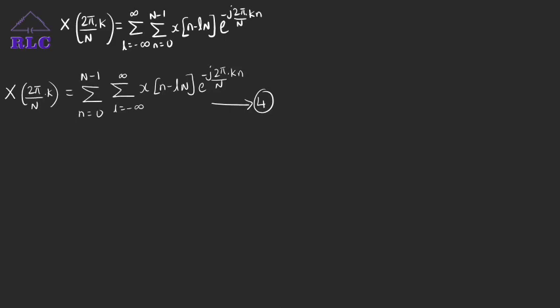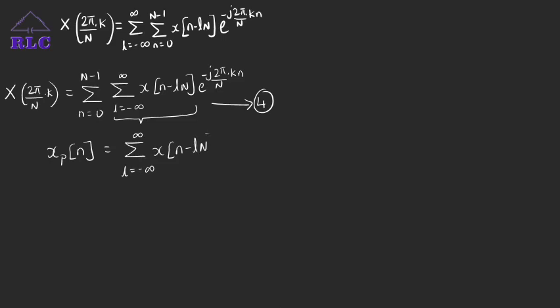Now the inner summation, that is summation L is equal to minus infinity to infinity x of n minus LN, is nothing but the expression of a periodic sequence. If xp of n is a periodic sequence, then xp of n can be written as summation L is equal to minus infinity to plus infinity x of n minus LN.